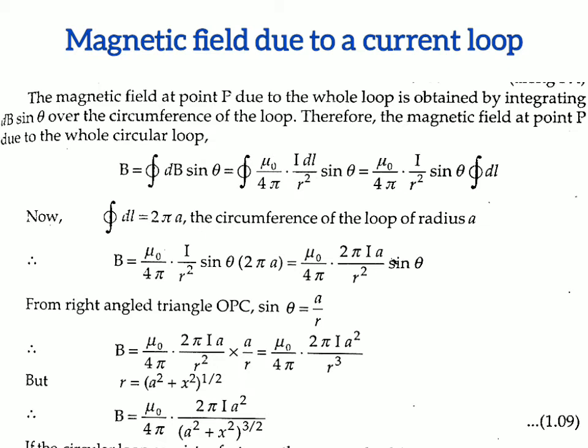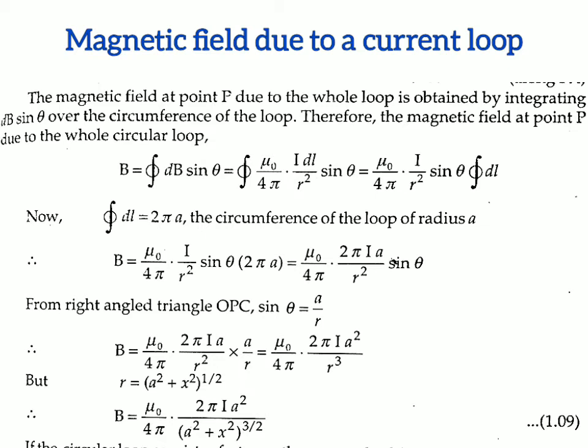If you consider the diagram and the triangle OPC there, in triangle OPC, sine theta is equal to perpendicular, which is A, divided by hypotenuse, which is R. So we have sine theta equal to A divided by R. And putting this in the above equation, we will get B equal to mu naught by 4 pi, 2 pi I A divided by R square into A by R, and that will be equal to mu naught by 4 pi, 2 pi I A square divided by R cube.